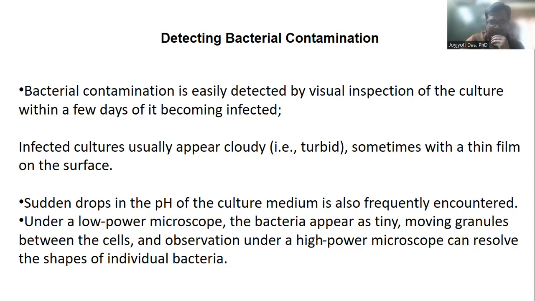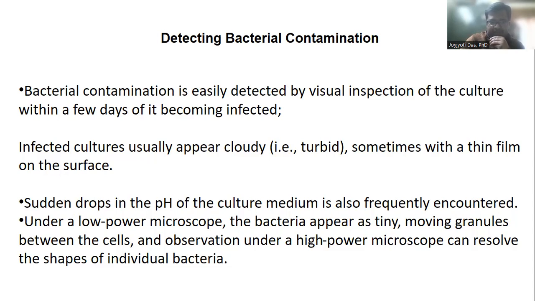The pigment is a pH indicator, which is phenol red. Phenol red is reddish at a neutral pH around 7 or 7.4. But once the media turns acidic, it becomes orangish or yellowish in appearance.